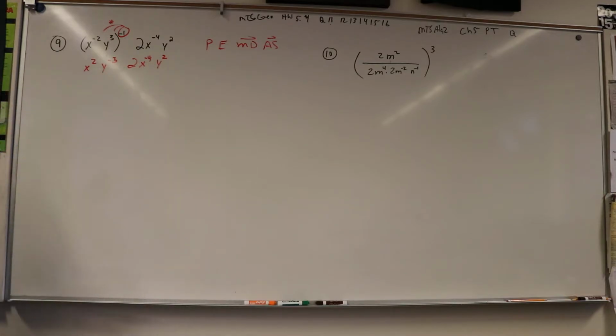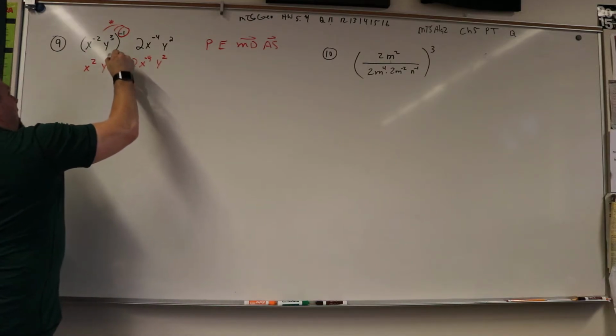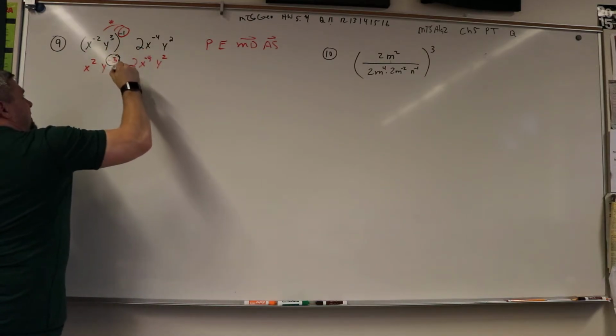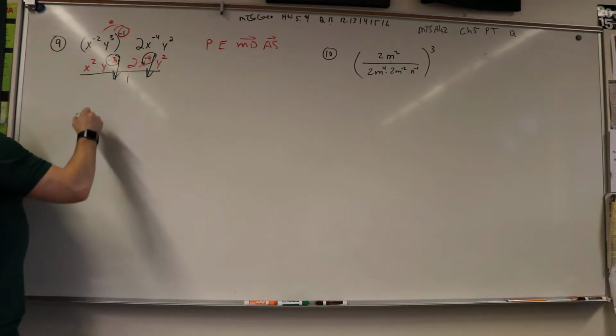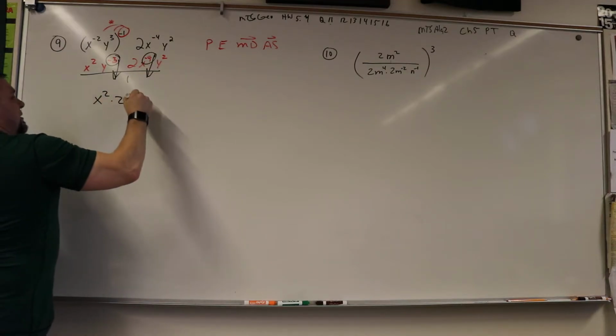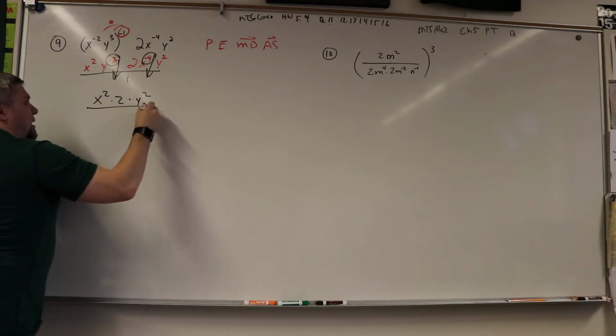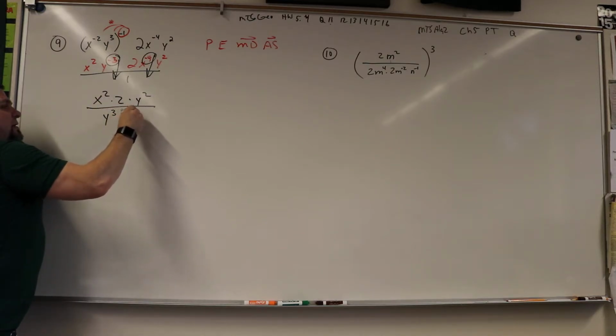And now I can start moving things around, like I did before. I have this guy and it's going to come down. I have this guy and it's going to come down. So I have x squared times 2 times y squared all over y cubed times y to the 4th.